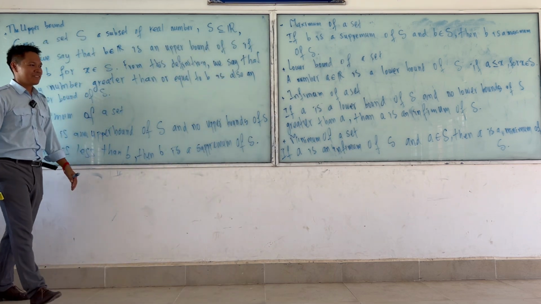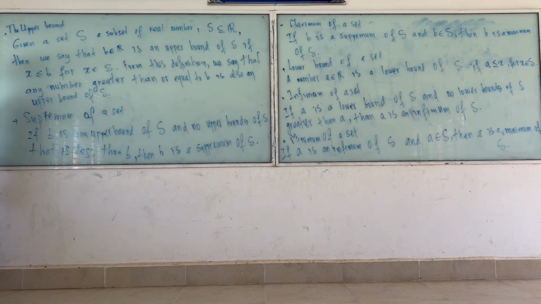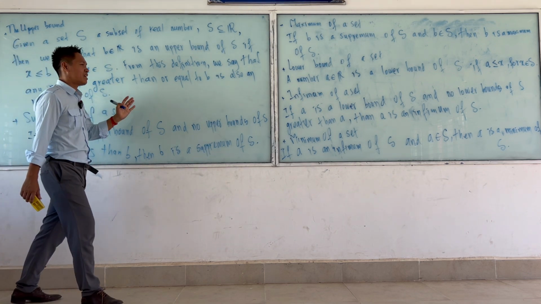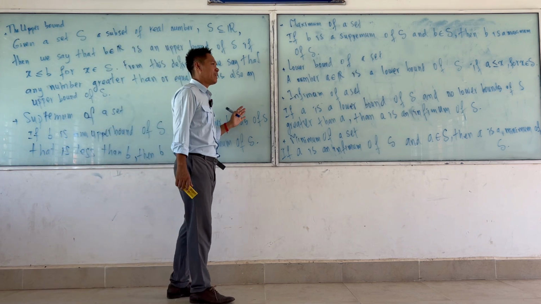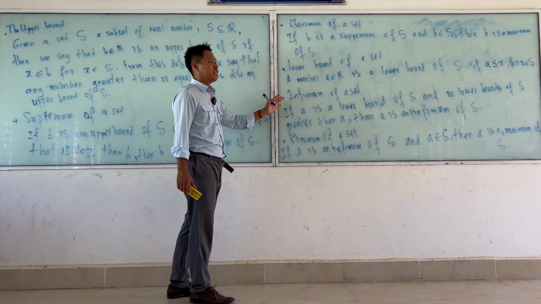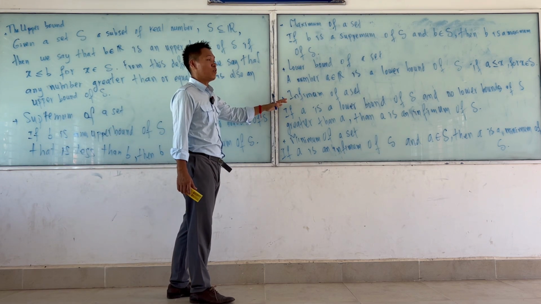Again, I can say one thing. When a set has an upper bound, we can say that it is bounded above. When a set has a lower bound, we can say that it is bounded below.